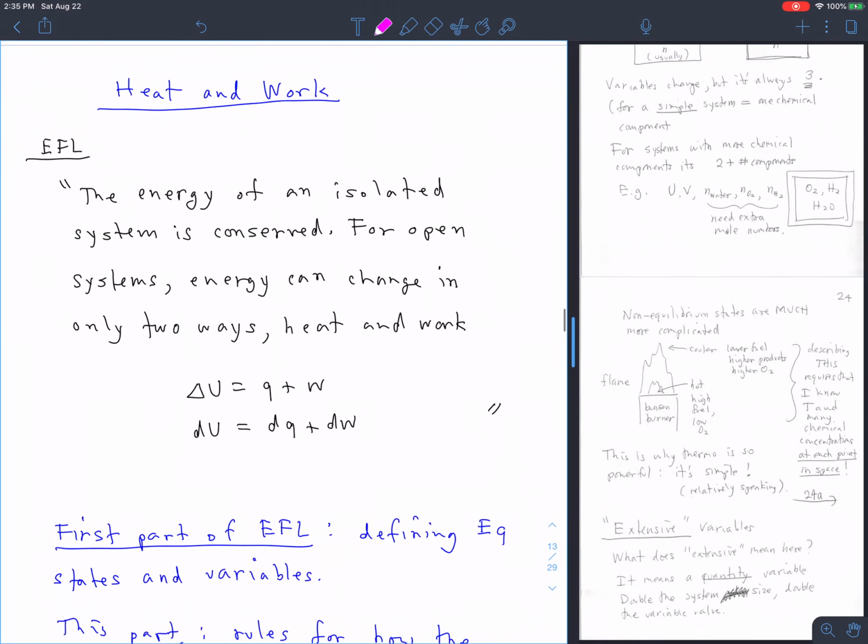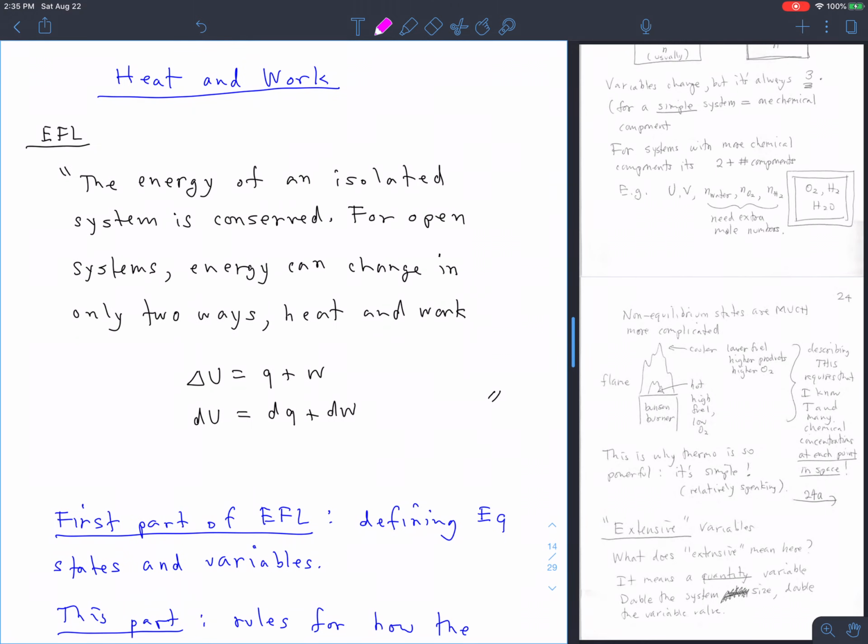Now we're ready to talk about the second half of the extended first law, and it reads, the energy of an isolated system is conserved. Energy is conserved. For open systems, which are not isolated, right? So an isolated system means no interaction with the surroundings. Of course, the system energy can't change in that case.